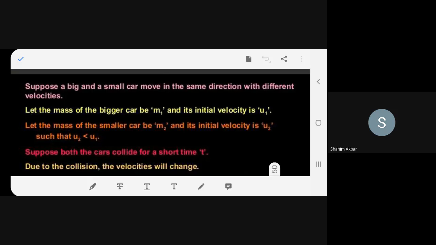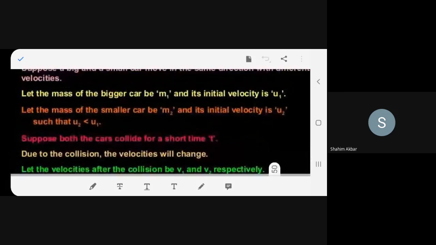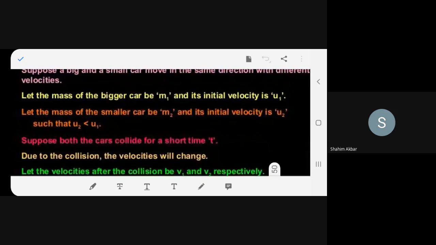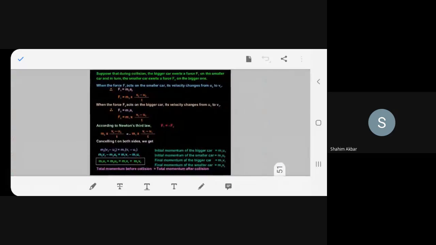Now for some time, these two cars collide. That means the bigger car is pushing the smaller car for a short time, that is t. So obviously, due to the collision, the velocities of the cars will change. So after the collision, let the velocities be v1 for the bigger car and v2 for the smaller car.